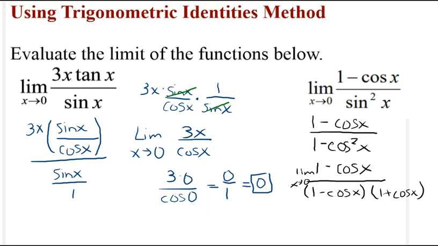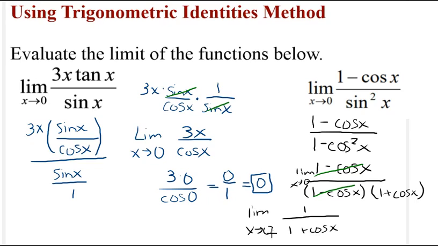Notice on the numerator and denominator, I could cross out my 1 minus cosine. So then that means I'm left with the limit as x approaches 0. Considering everything crossed out on the numerator, I'm left with a 1 as a placeholder over 1 plus cosine of x.